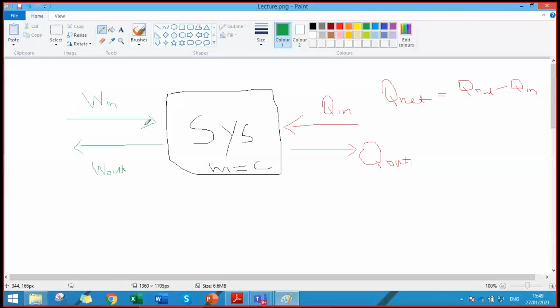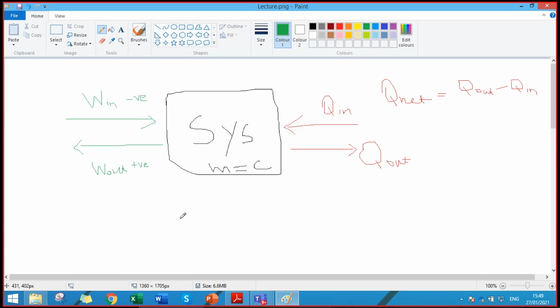So this is basically negative. So I believe the heat part is incorrect, right? So heat in is positive and heat out is negative. Heat supplied to the system is positive and heat rejected by the system is negative.